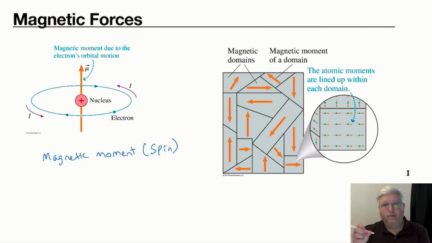But if you turn off or disconnect the battery from it, you'll actually see that the paper clip will stay hung there, still attracted to it for a while, because it's maintained some of those magnetic moments in the domains pointing in the same direction. And this is how we can create permanent magnets. So that's one way we can create permanent magnets.